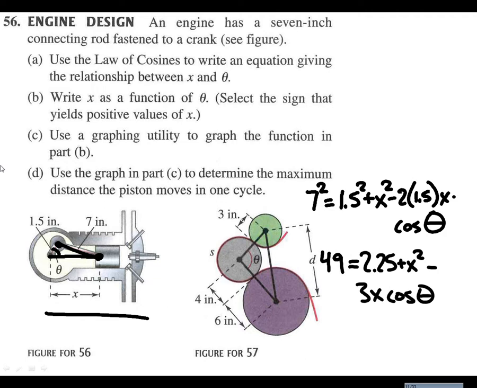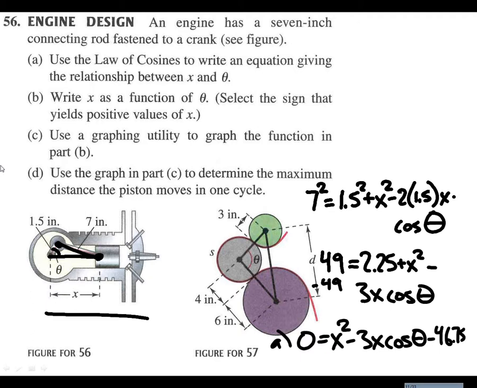And our job in this problem is to clean this up. And so if we have an x squared problem, we can move this around and get 0 on one side. So let's subtract the 49 from both sides, and we'll end up with 0 equals x squared minus 3x cosine theta minus 46.75.